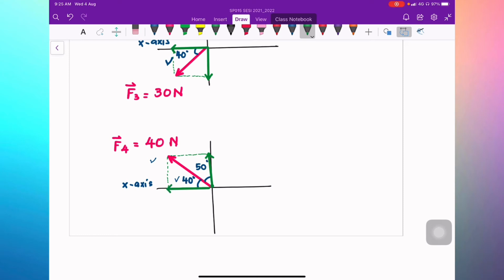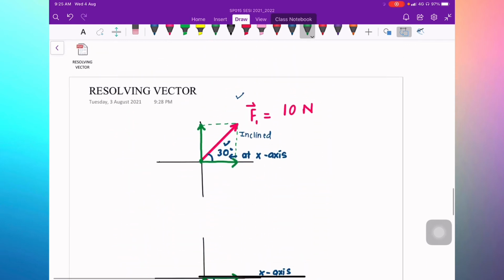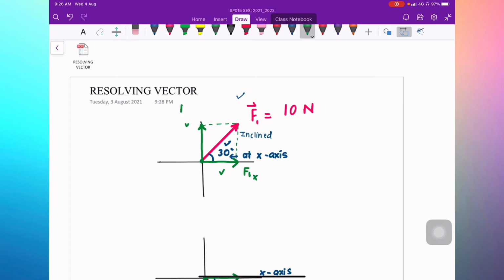Okay, next, we want to label. This is your x-axis, so we need to label it as F1x. This is your y-axis, so we need to label it as F1y, and put the arrow here.